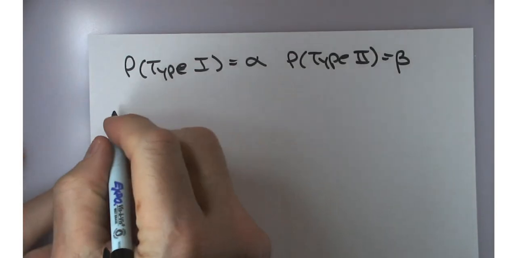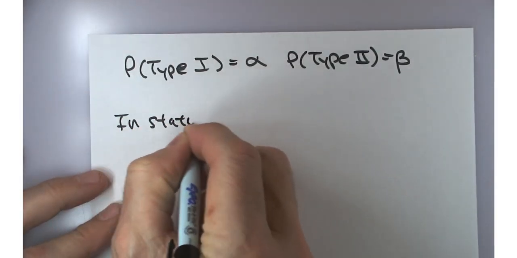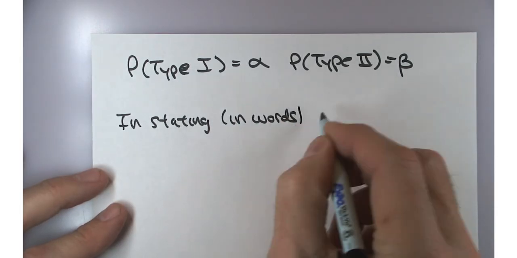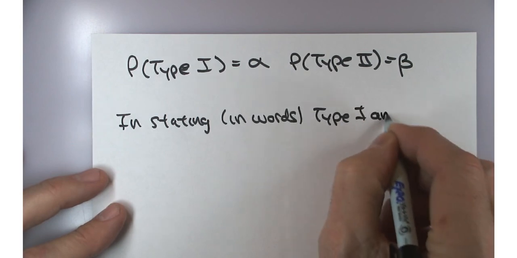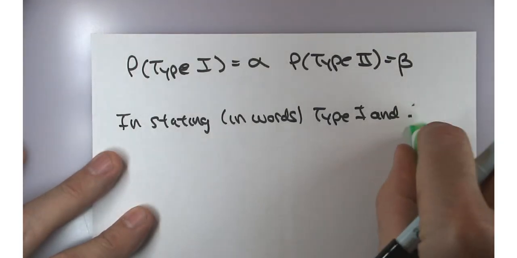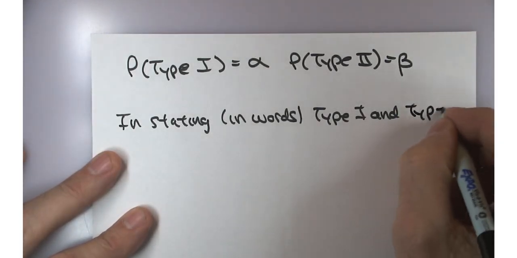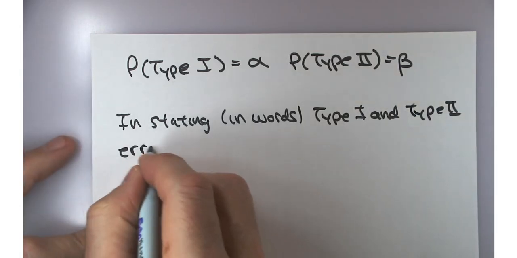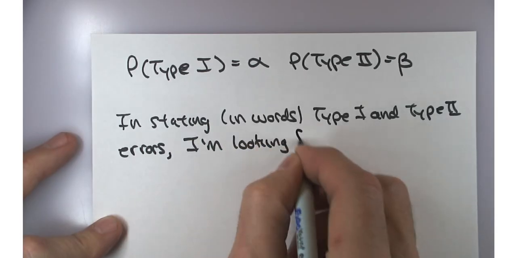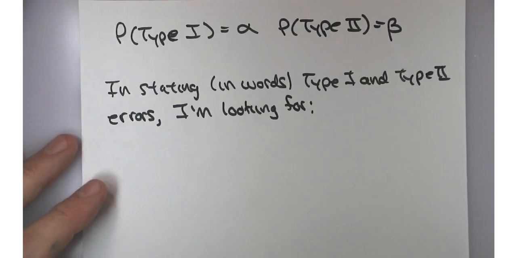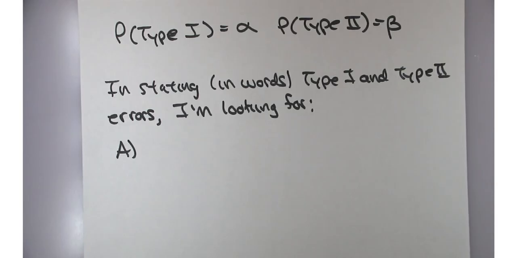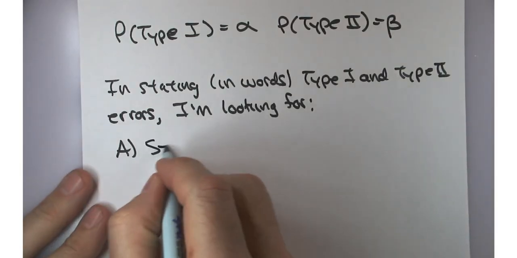So in stating type 1 and type 2 errors in words, I'm looking for two things. First of all, state the condition of H naught. Is it true or is it false?